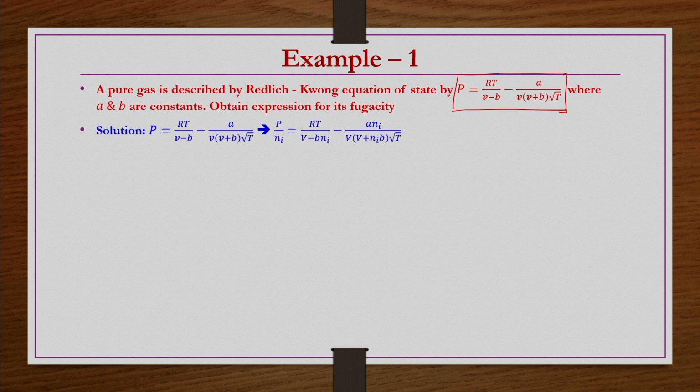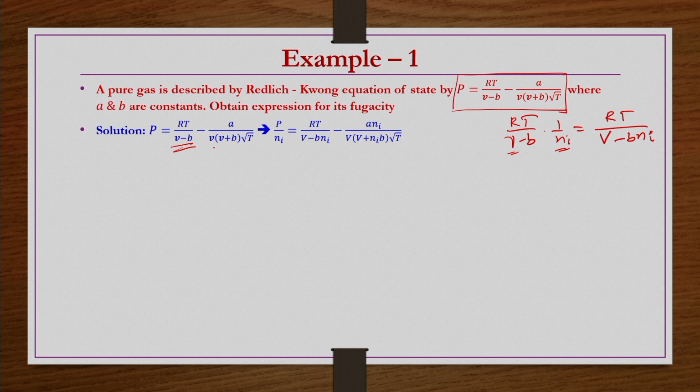First I am dividing this equation on both sides by Ni. In the first term, RT by V minus B, 1 by Ni is there. So I can write RT, molar volume times number of moles is nothing but total volume capital V, minus B Ni.